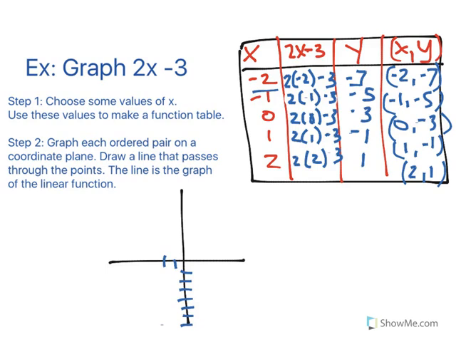Negative 1, negative 5 is about here. 0, negative 3, right there. 1, negative 1, and then 2, 1 is up there. So here's my line, and there's the graph of my function.